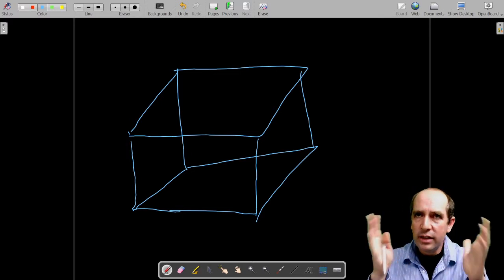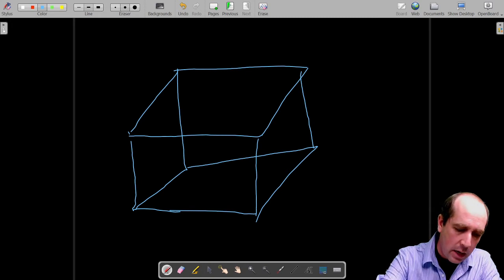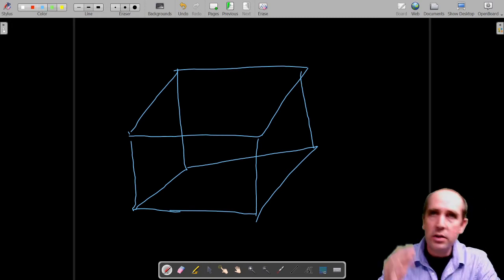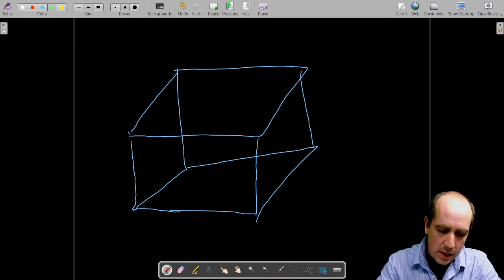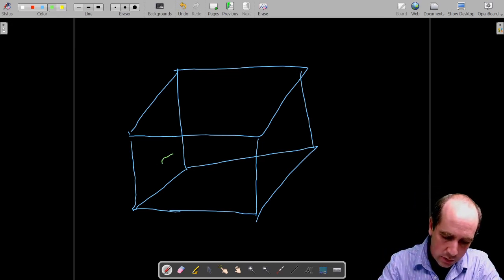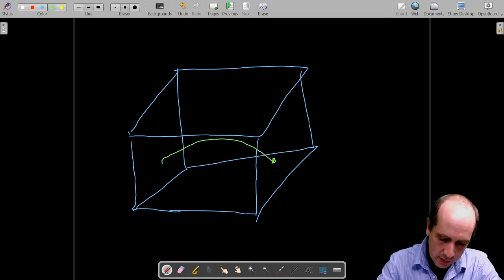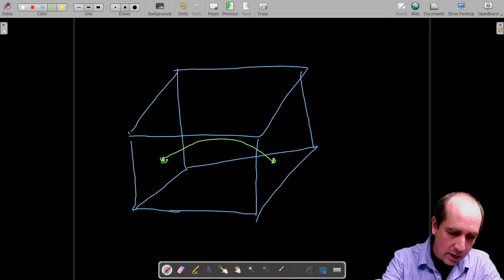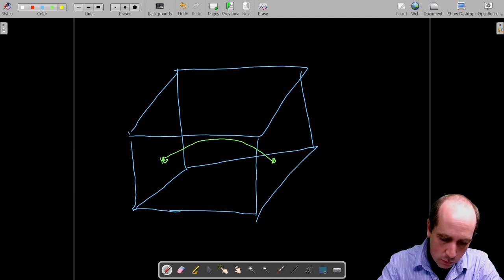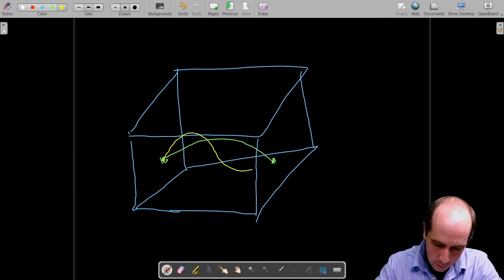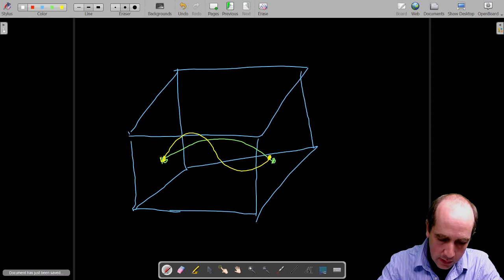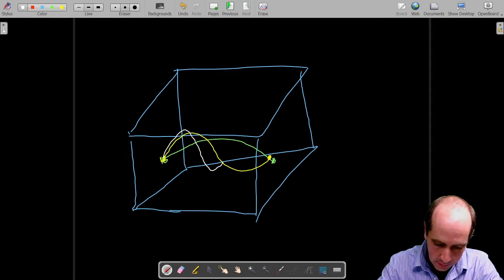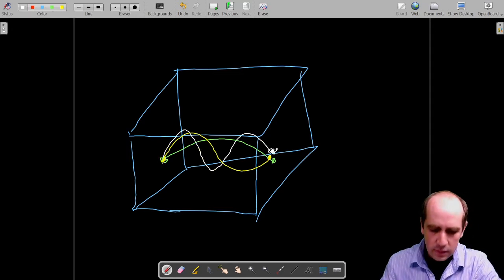If we think classically, in principle, only a collection of frequencies will be able to survive in this cube. And these are the mode that has half a wavelength between the two walls. We can have the mode with one full wavelength between the two walls. We can have also the one with 1.5 wavelengths between the two walls, and so on and so forth.